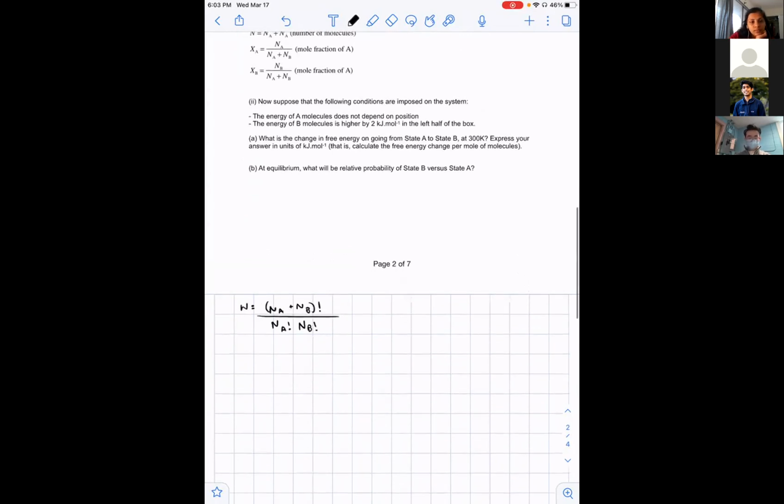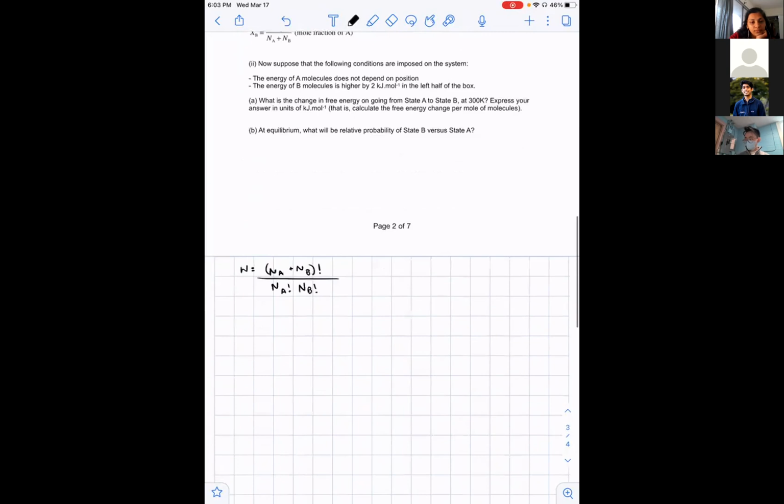Then we can plug this into our entropy formula and expand out. So we have S over KB is equal to ln of this stuff.